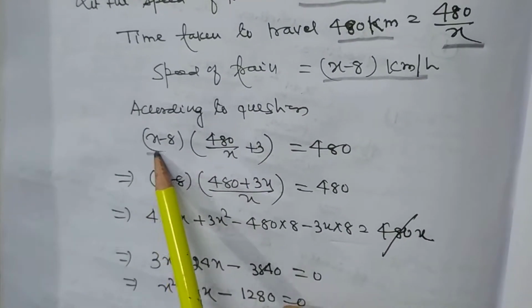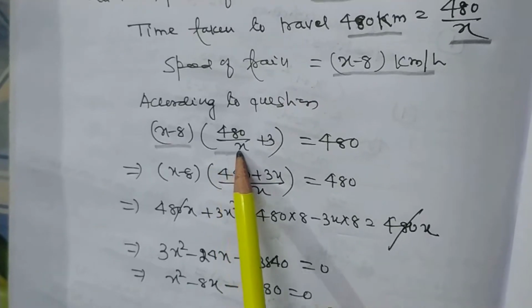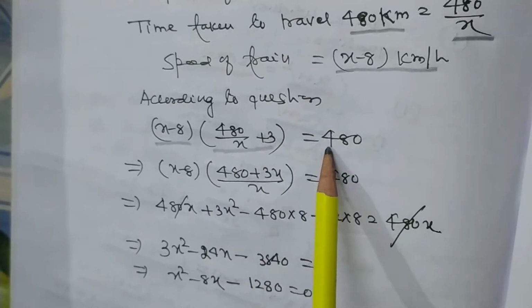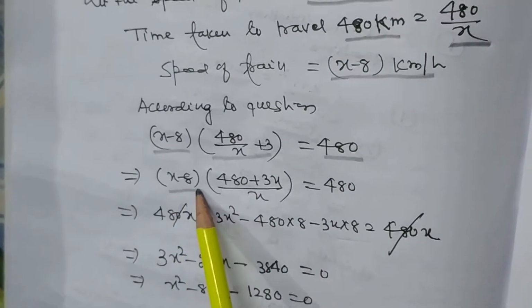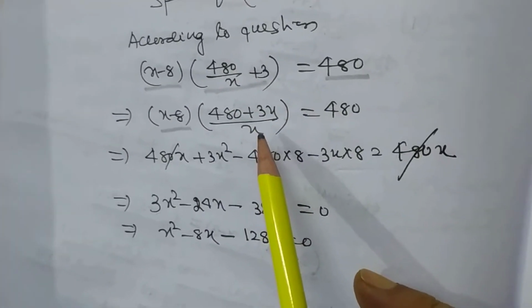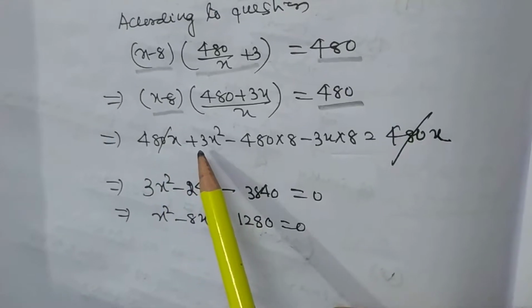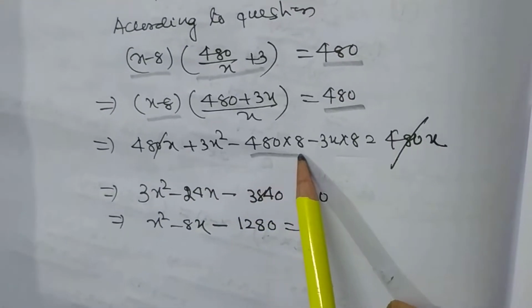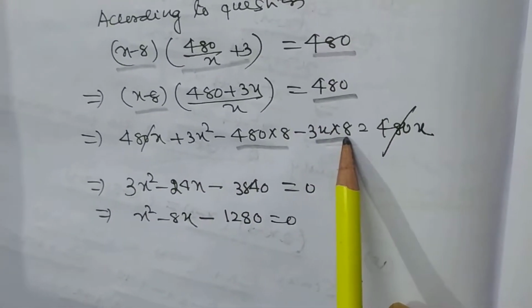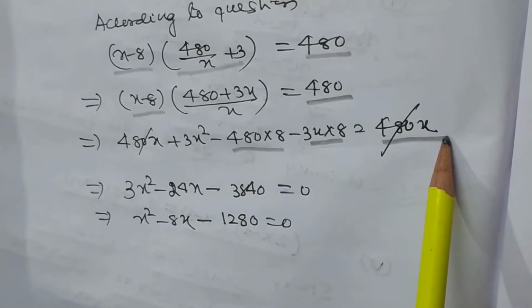According to the question, (x minus 8) into (480 by x plus 3) is equal to 480. So (x minus 8) into (480 plus 3x) by x is equal to 480. So 480x plus 3x square minus 480 into 8 minus 3x into 8 is equal to 480x.